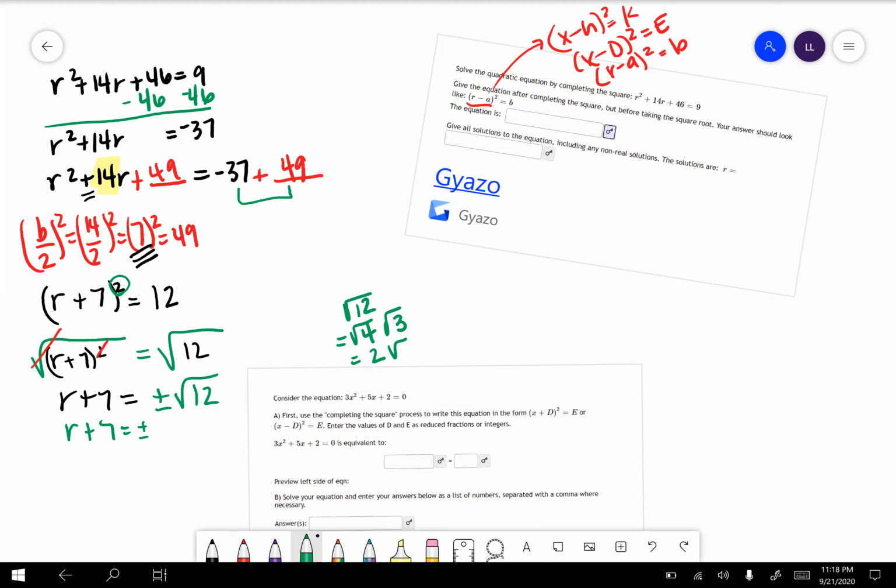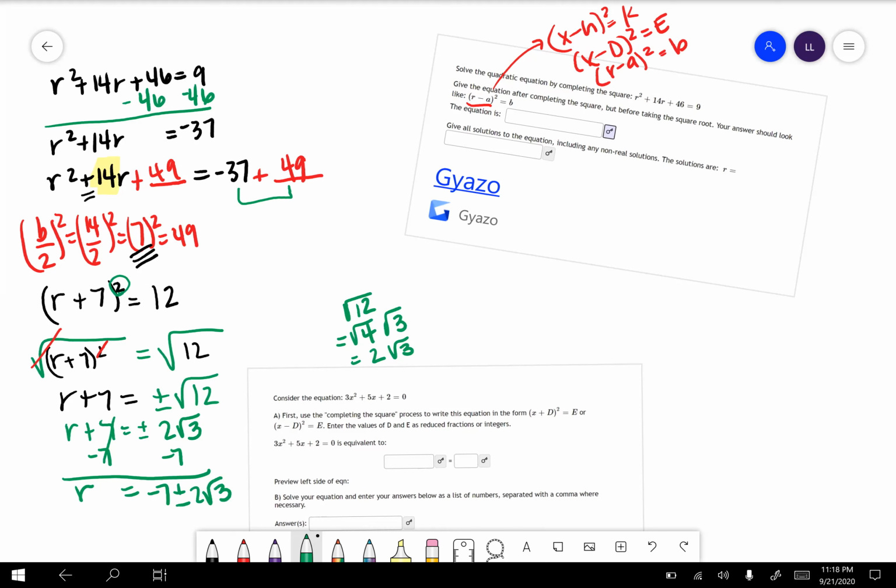Square root of 3 we cannot simplify, so we leave it as is. So r plus 7 is equal to plus or minus 2 square root of 3. Now we have to get r by itself, so subtract 7 from both sides. And our final solution is r equals, because the 7's cancel out, negative 7 plus or minus 2 root 3.